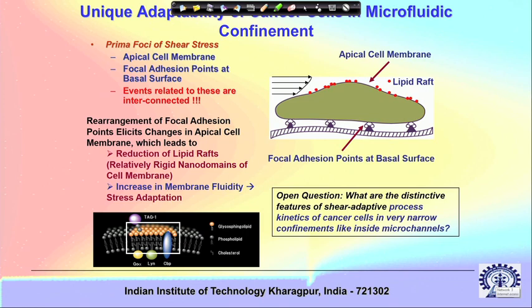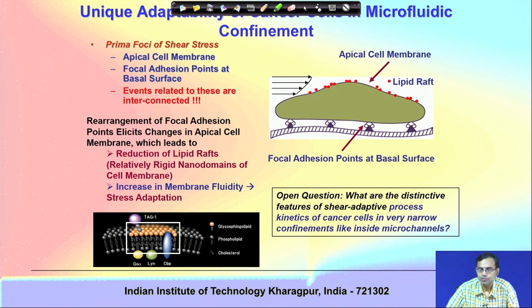So, the cell membrane could have lipid and also lipid rafts, which are a solid type of entity in the lipid. What happens is that because of the stress on the cell membrane, the lipid raft tries to hide from the stressful location.